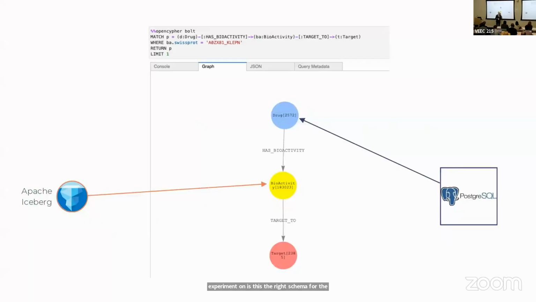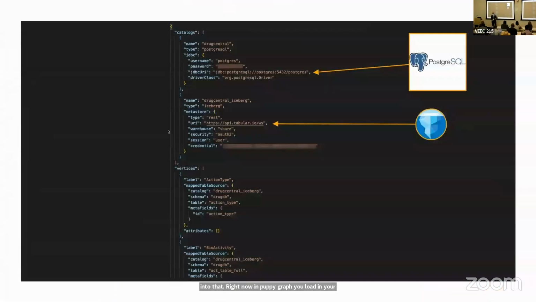Now, I want to take a moment and go a little bit deeper into that. Right now in PuppyGraph, you load in your schema that we saw earlier. So this representation of the data sources, your nodes, and your relationships. And then you are able to start querying across these multiple data sources.